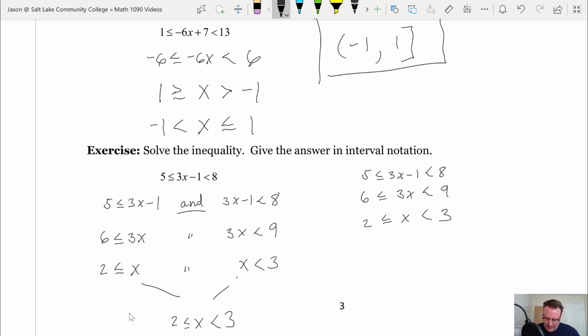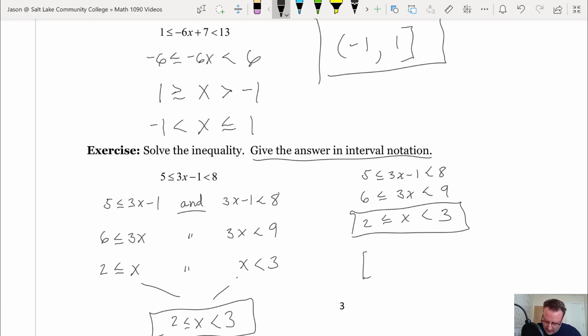Okay. And you see we get the same inequality as our solution. It does ask us to give the answer in interval notation, so that would be this. 2, 3. We include 2, but we exclude 3. Okay, let's move on.